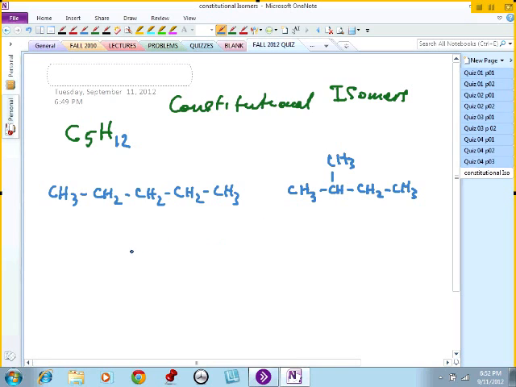Can anybody think of another? The methyl will be on the third carbon, right here. Which one?